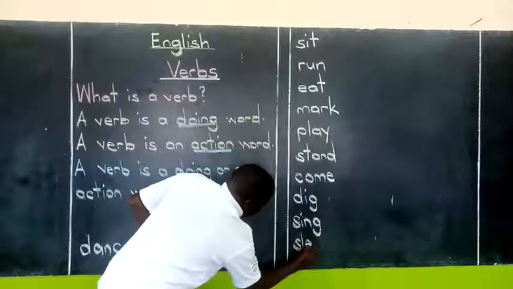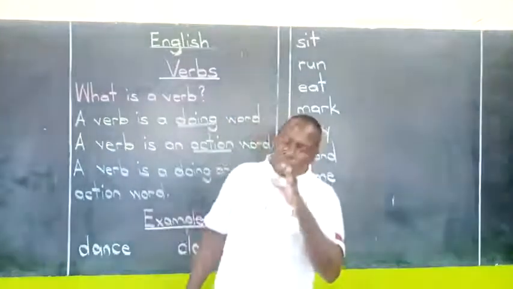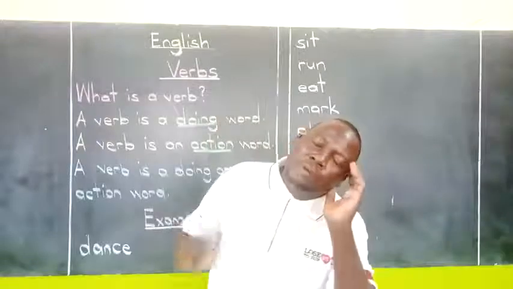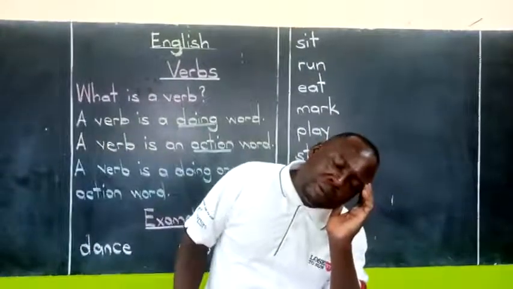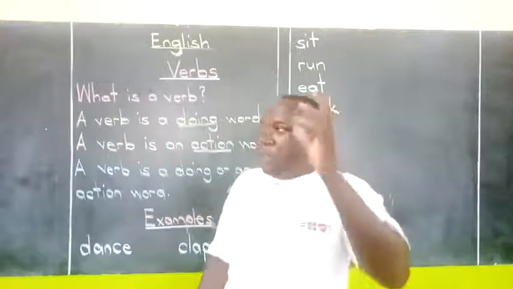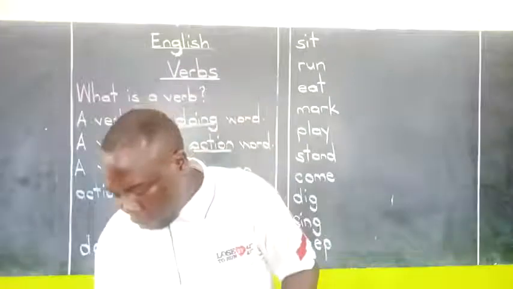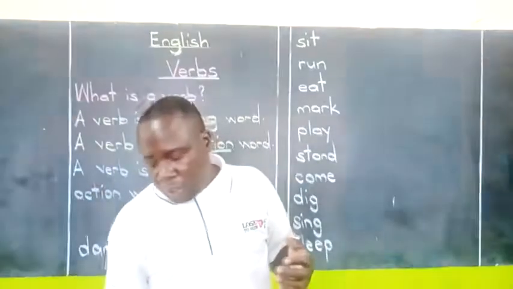We have sleep. Most of you like that action of sleeping. So you go to the bed and sleep. That means whenever you mention a verb, you have to put the action. That is why it is called an actioning word.